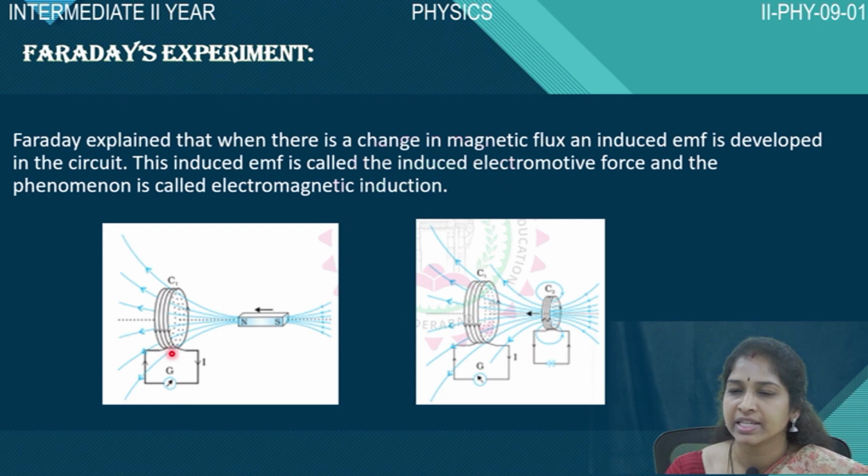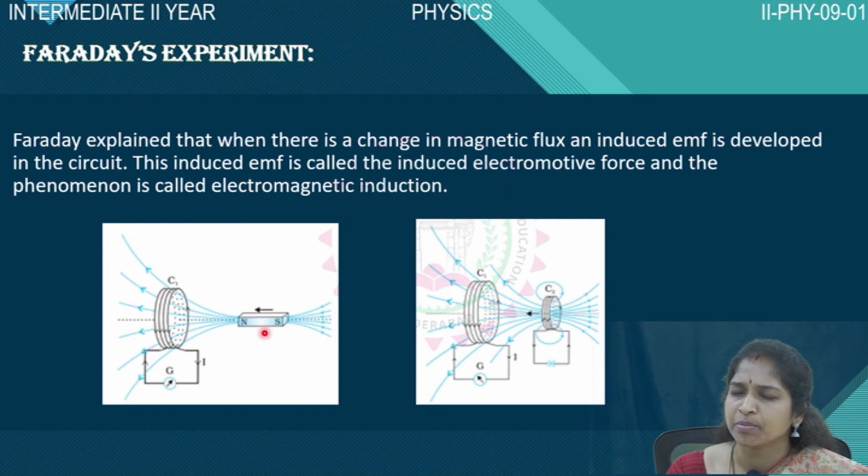Now this coil is at rest, and a magnet with its north pole facing the coil is brought towards the coil. When the magnet moves towards the coil, the number of magnetic field lines cutting across the area changes. That indicates there is a change in the magnetic flux.